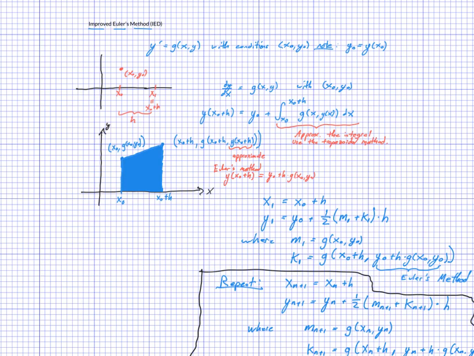Now, there was no reason why we just used 2 points. In fact, the Runge-Kutta method of order 4, order 2, or 8, whatever they have, all these variations, are basically just different approximations for this integral. So if you approximate this integral in any different way, you have just created a brand new numerical method.